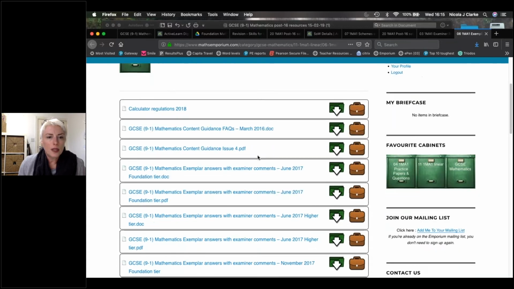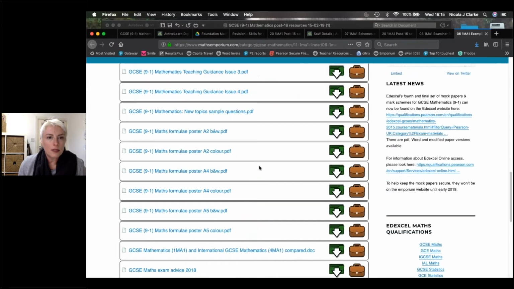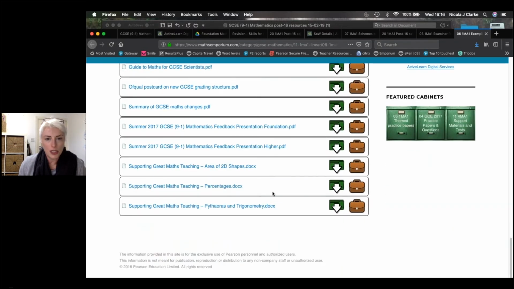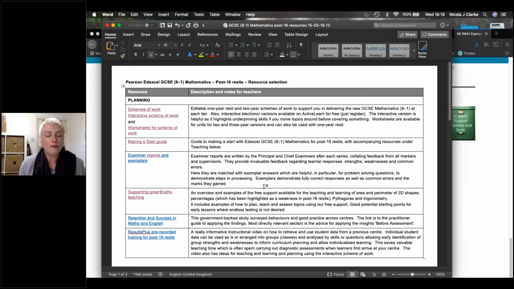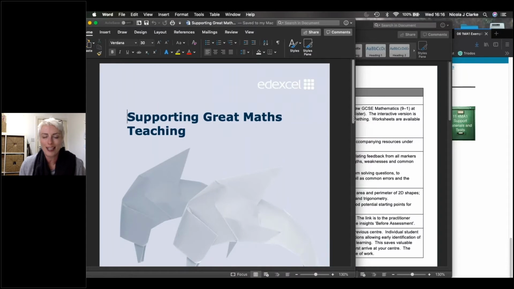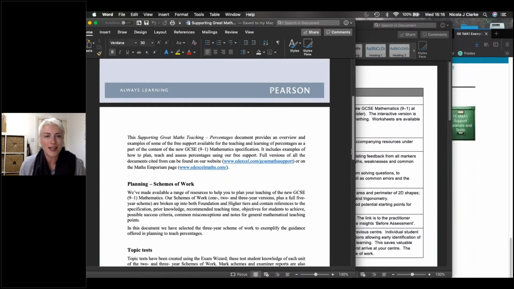And down here we've got some, there's your percentages at the bottom here. The document with all the links is in the post-16 folder, so it's available. You won't have to remember all of this, and you won't have to look it back up. These links will take you to them.